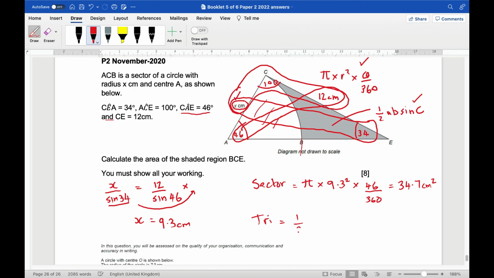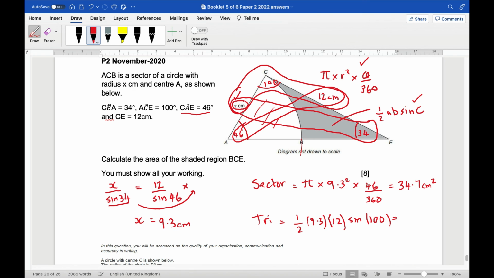is half A, which I'll take to be the 9.3, B, which I'll take to be the 12, sine big C, which is the enclosed angle, which in this case is 100.